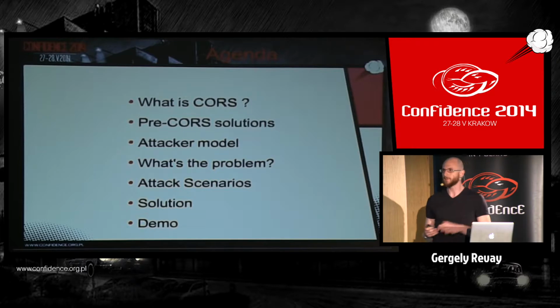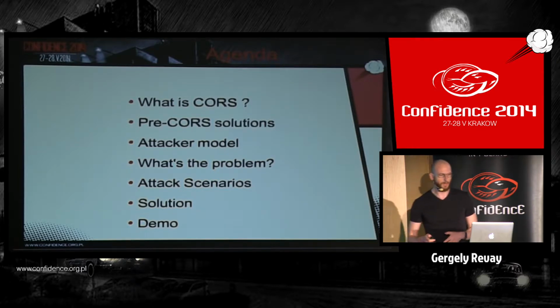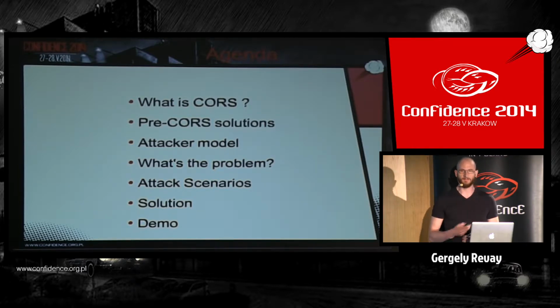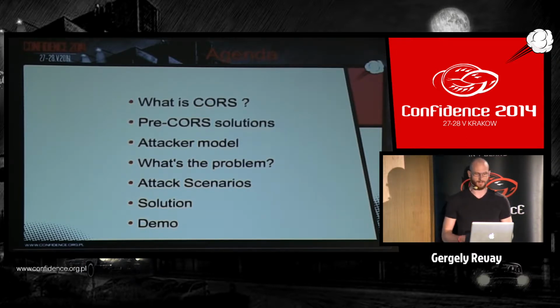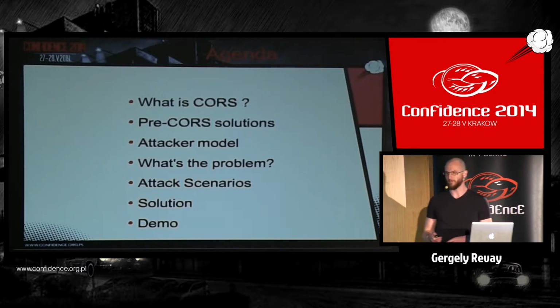Then I start to go into the security part, by trying to define the threat and the attacker and tell what's really the problem here. Then I will describe a few attack scenarios where this feature can be used. And then to be a good guy, I will talk about the solution as well, what you can do to avoid these attacks. And at the end, I prepared some demos to see.